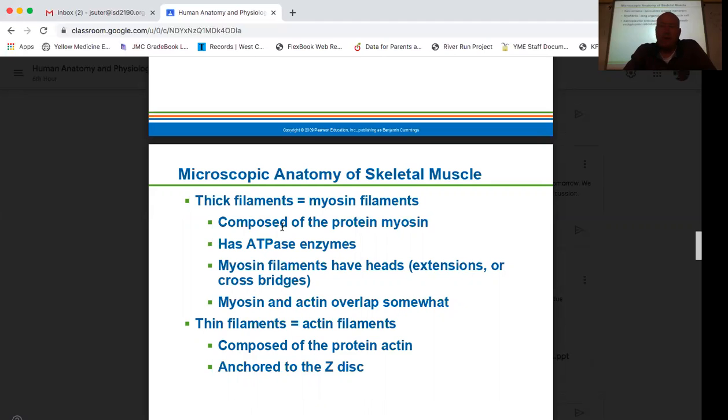They're thin, and they are going to be the portion of the muscle contraction that actually gets moved, and that's going to be done by the thick filaments later on. As we said earlier, the thin filaments are anchored to the Z disc, and the Z disc anchors the contractile unit of the muscle cell.